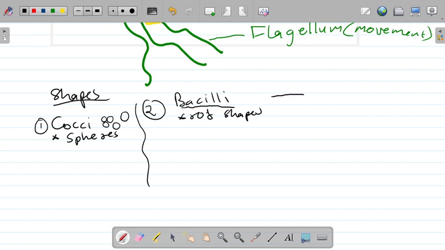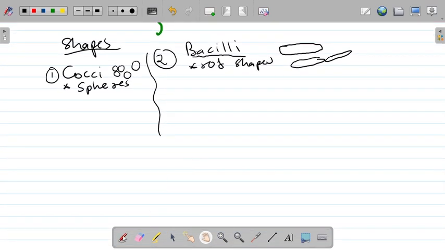A rod is something that looks like this. They are rods, similar to your pen. Some come paired, and so forth. So these are rod-shaped bacteria, your bacillus, like your streptococcus, and so forth.